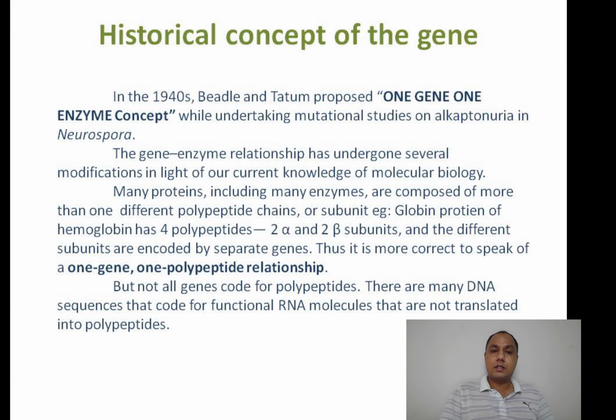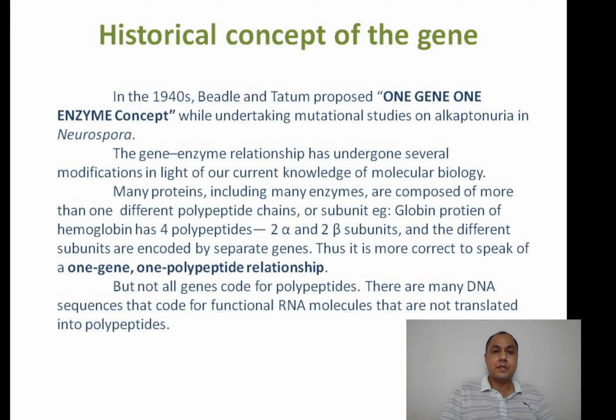What they did was to induce mutations in an enzyme, and they found that metabolism was hampered because that enzyme was not working. So it was a straightforward correlation that a gene must encode an enzyme. But further studies improved the definition, and many scientists thought that there are thousands of proteins which are heteromultimeric.